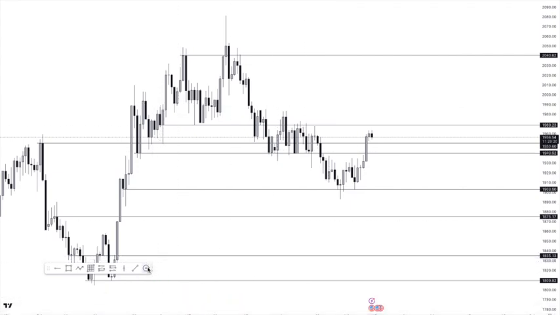You can see how price has been reacting from these areas.